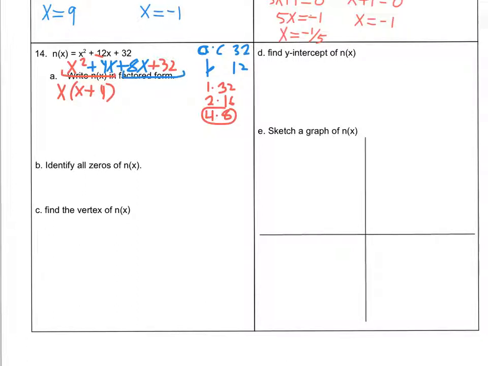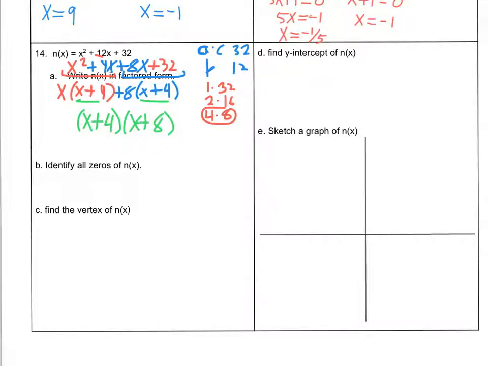Between 8x and 32, both of those are divisible by plus 8, and I'm left with just an x plus 4. Okay, I notice those are the same on the inside again. That's what I want. And that gives me x plus 4 and x plus 8.